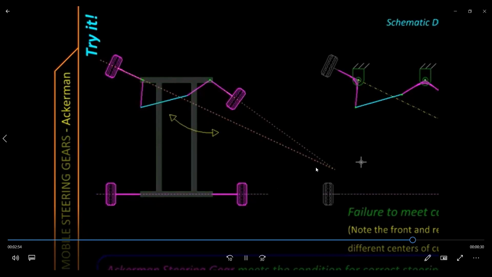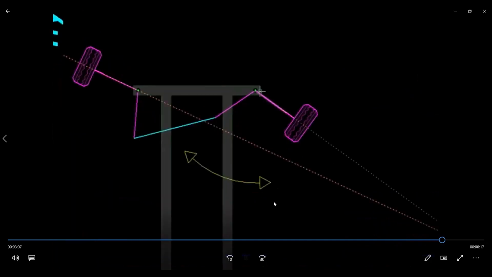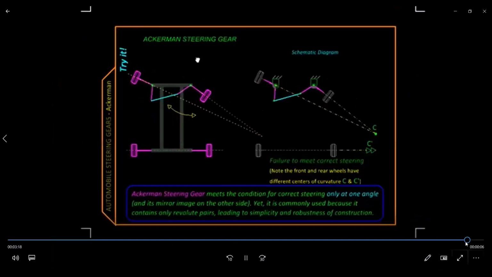And therefore, some of the wheels, or maybe all 4, So this is not giving us the correct steering. But because all the pairs used here are revolute pairs, which can be well lubricated and which will have lesser wear, this is more robust, and therefore it is a more commonly used steering mechanism.